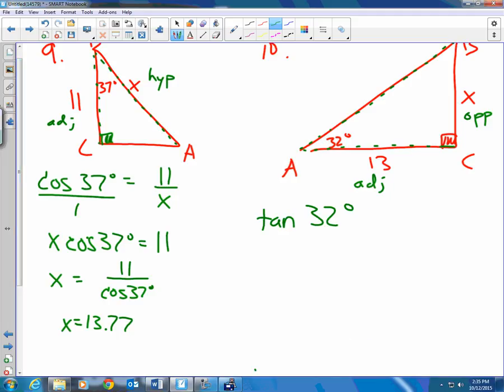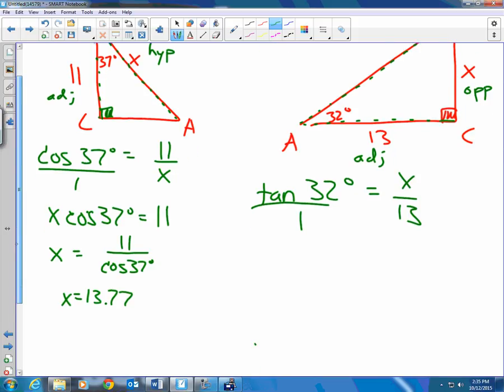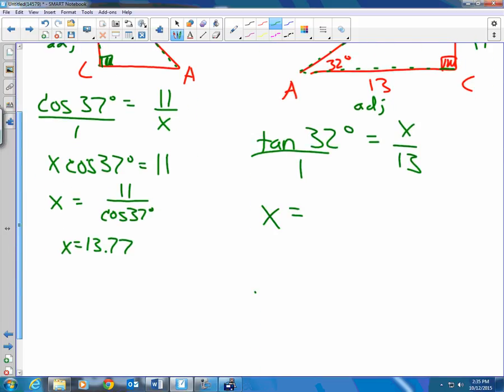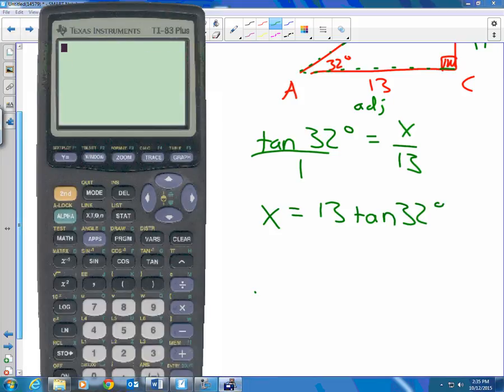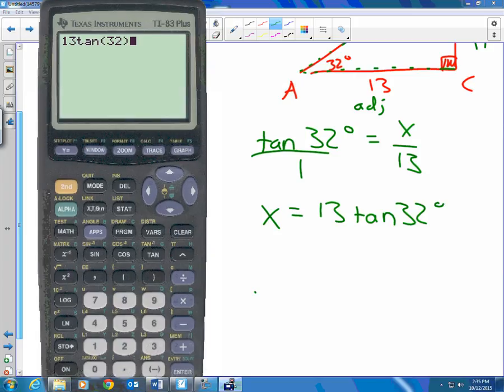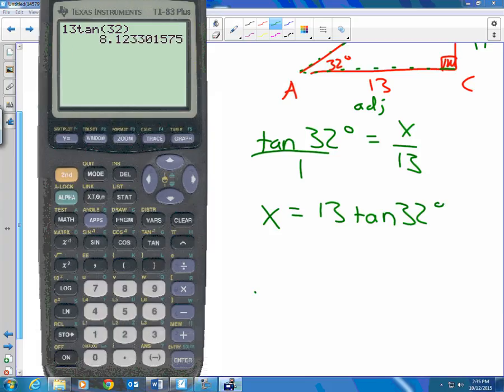Tangent 32 degrees equal to what? X over 13. How do I solve? Cross multiply. X equals 13 tan of 32 degrees. Take out my calculator. 13 tan of 32. I get 8.12.